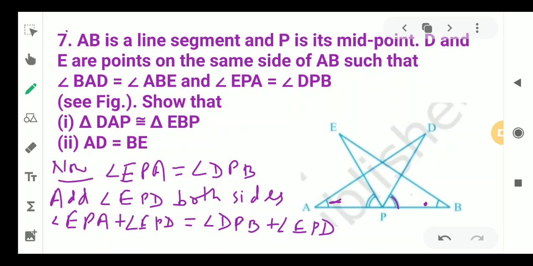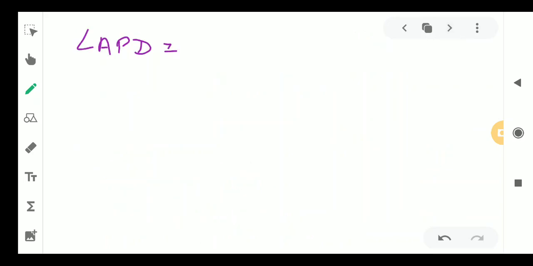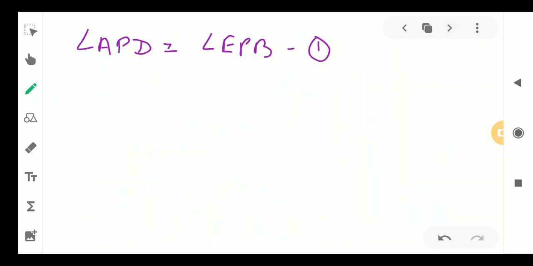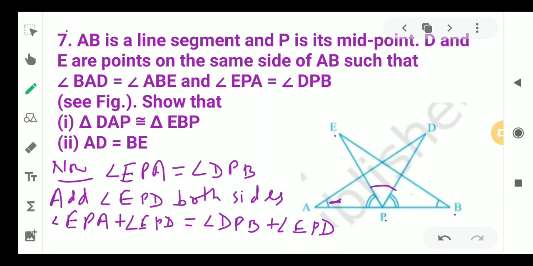In this we are adding EPD, so we will get this complete angle, that is EPB. So we can write this as angle EPB. This is the first result we have obtained. The two angles which are given equal, in that we added this angle and obtained the result APD equals EPB.